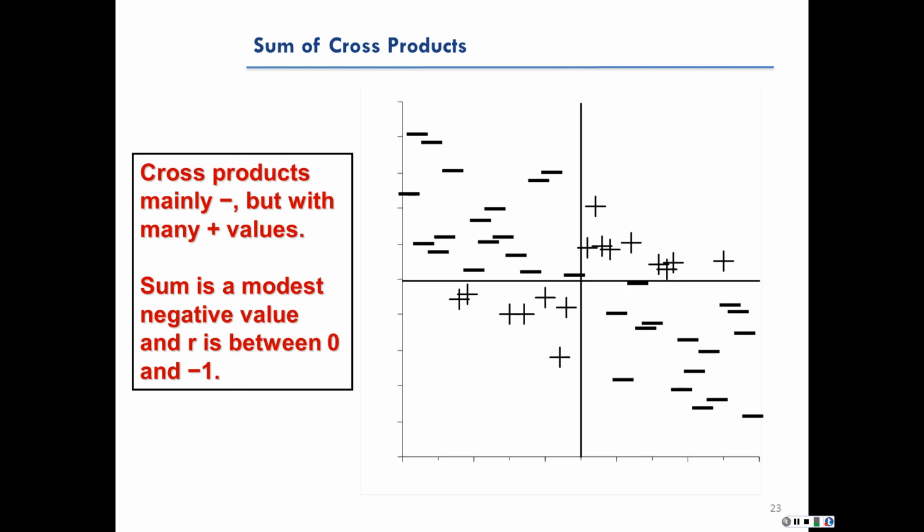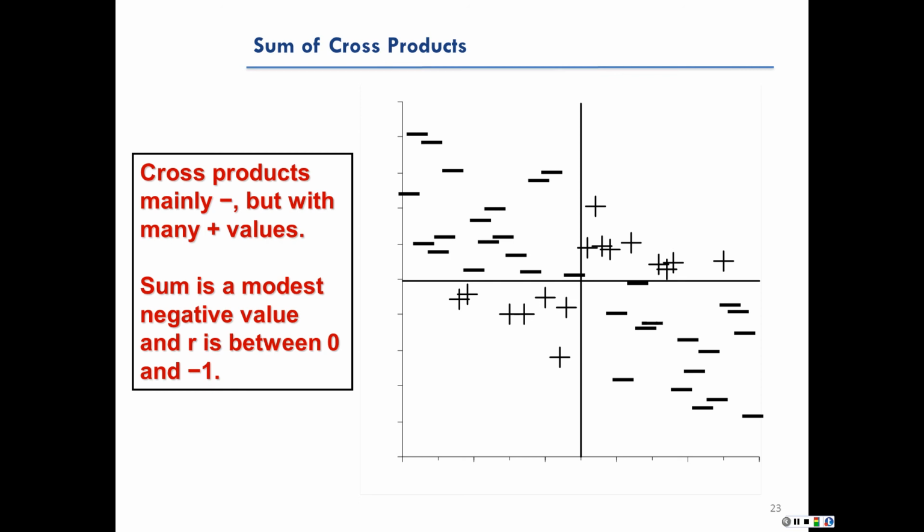On the other hand, if we're thinking about a negative association, the cross products in the numerator are going to mainly be negative, but you're also going to see a good deal of some positive values in the other two quadrants, but the majority are going to be in the upper left and bottom right quadrant.